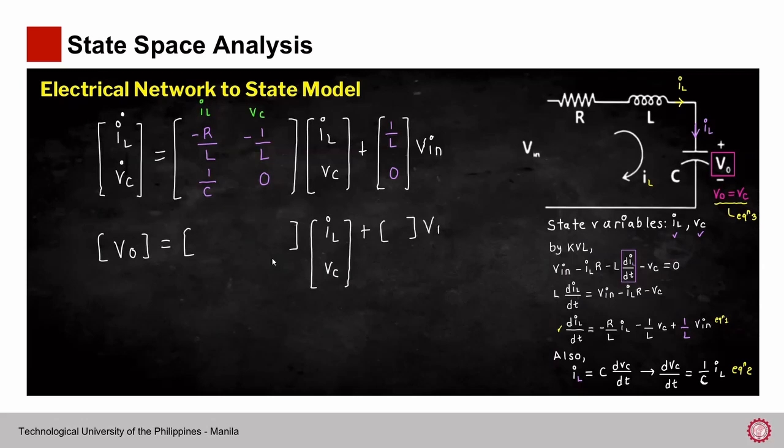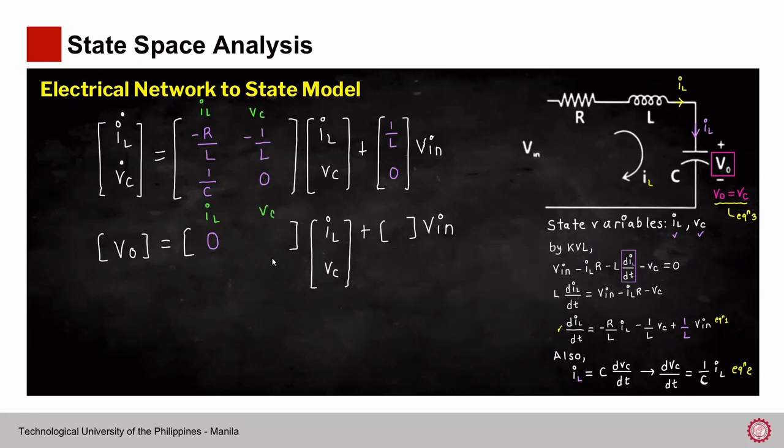Okay. All right. Now, guys, let us write. We will use equation 3. Look at equation 3. What is VO, guys? This is VC. So meaning to say, in the IL part, this is 0. Sir, what do you mean by IL part? We have markers there, right? The markers above are the same with this one. IL and VC also.